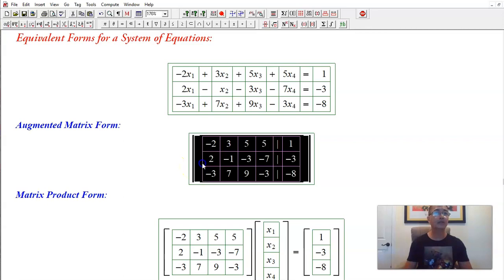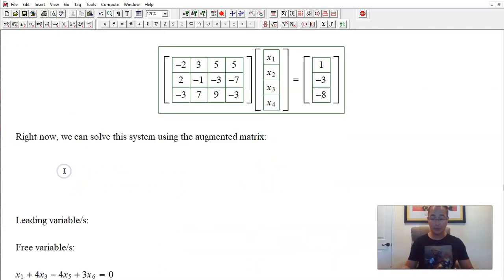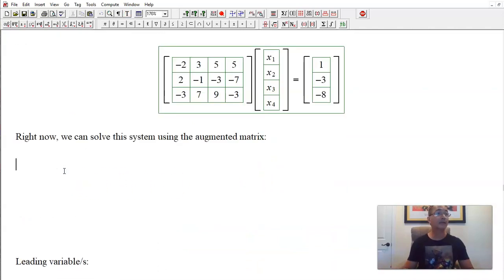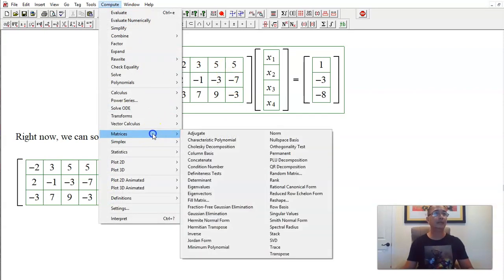Okay, so if we want to solve this system, then we just have to make a copy of this.